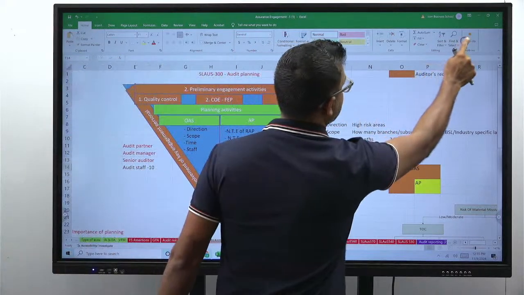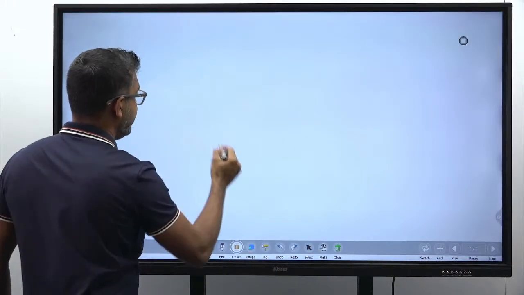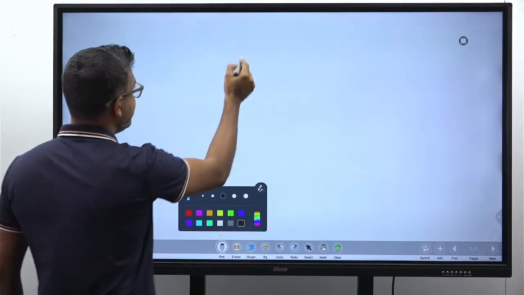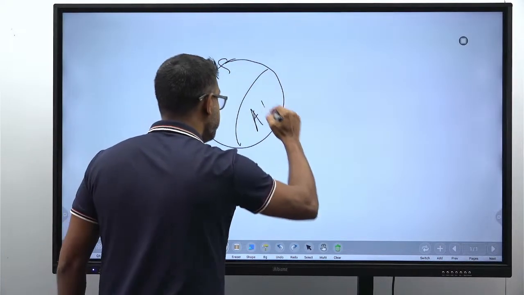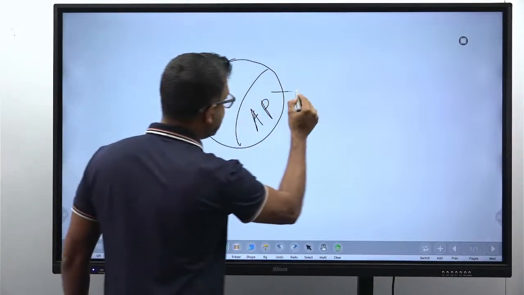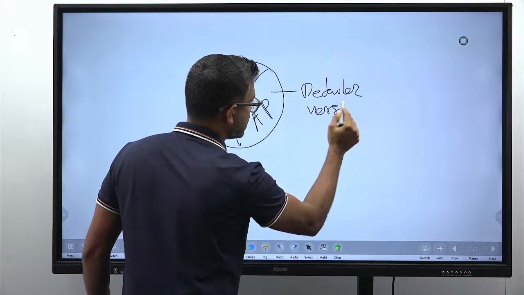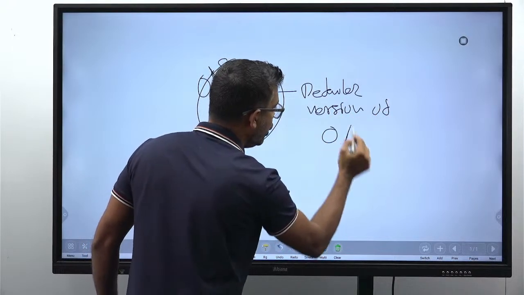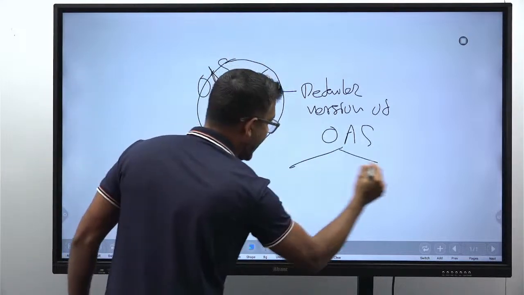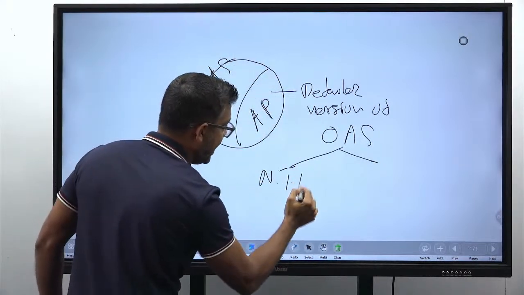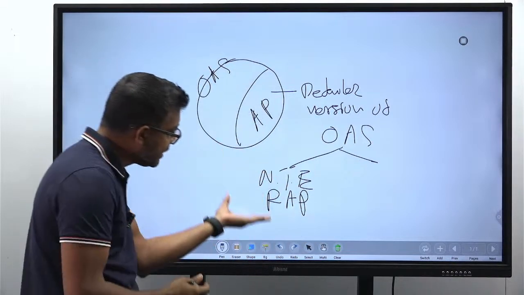Let me take the whiteboard to explain this. If this is the overall audit strategy, this is the audit plan. This is the detailed version of the overall audit strategy. You detail out the overall audit strategy. There you have the nature, time and extent of risk assessment procedures. What is the nature of risk assessment procedures?